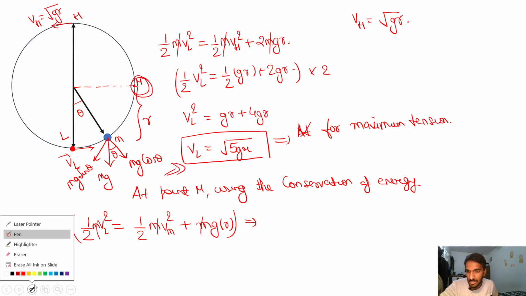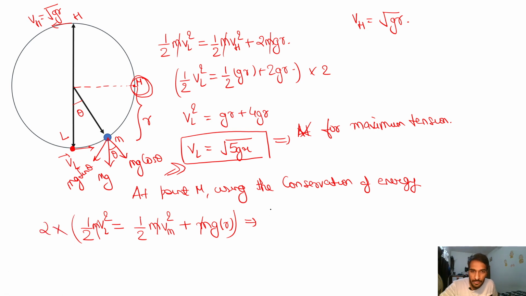I've multiplied the equation by 2, and I will substitute the value of vL from this equation, right? So this is half. What is vL square? vL square is 5gr. Is equal to half vM square plus gr, right?